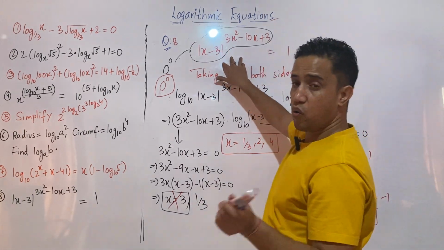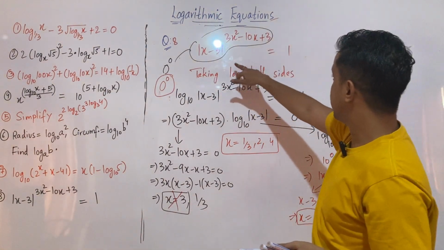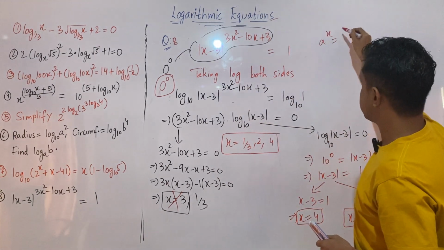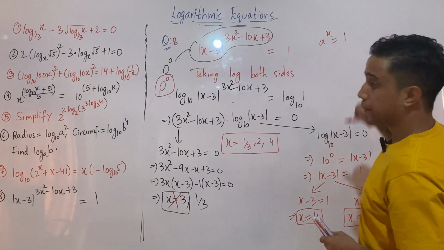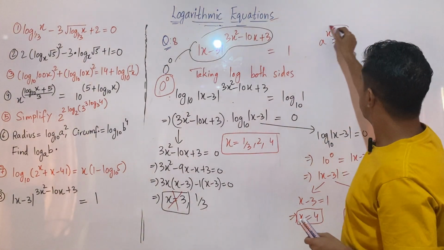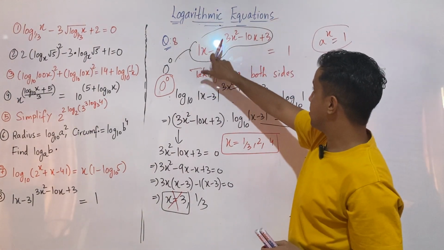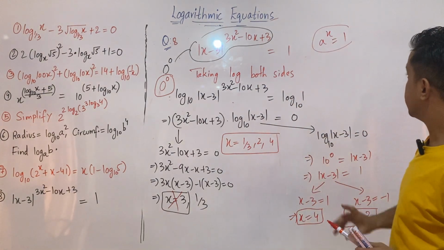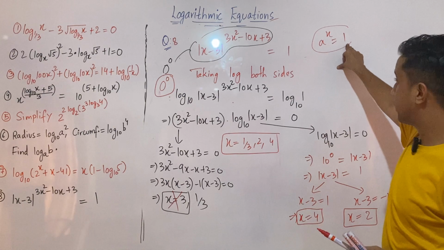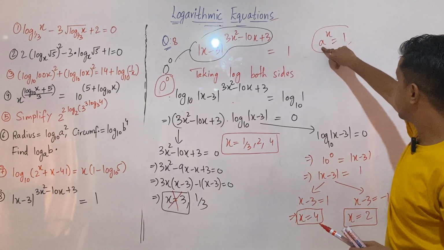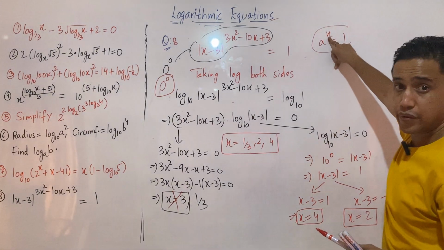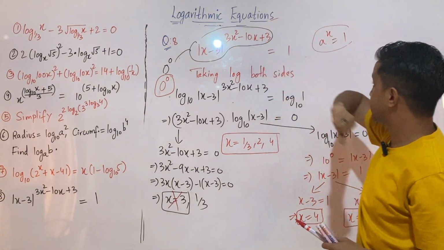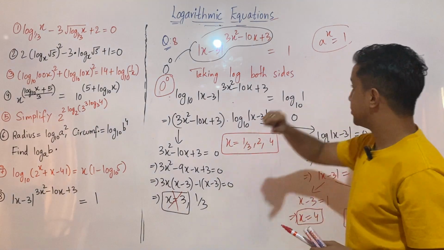The other way I can think of is that this can be a raised to power x equal to 1. This is of the form a raised to exponent x equals 1. So it can only be 1 if x is 0. So from here, I can put the exponent equal to 0 and get this value.